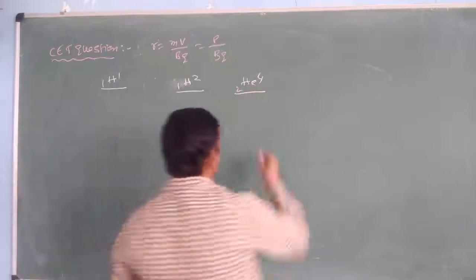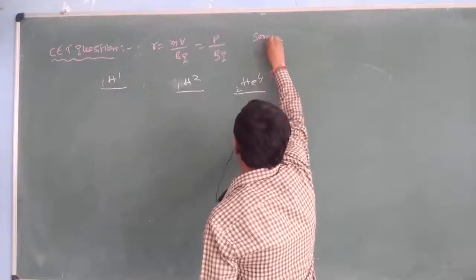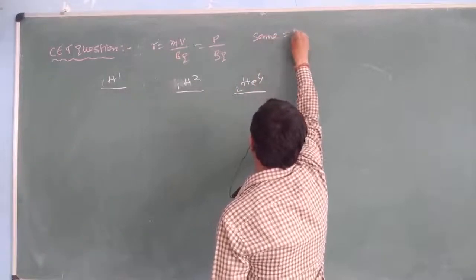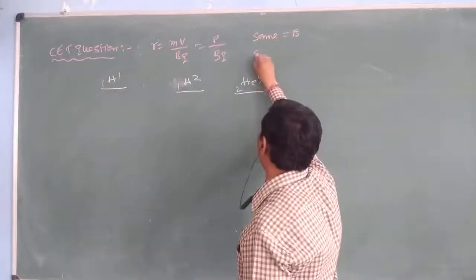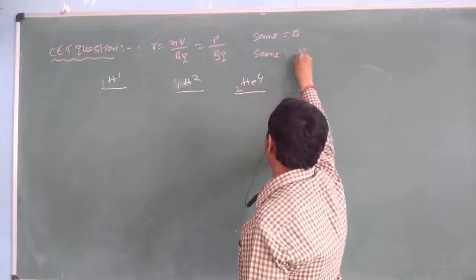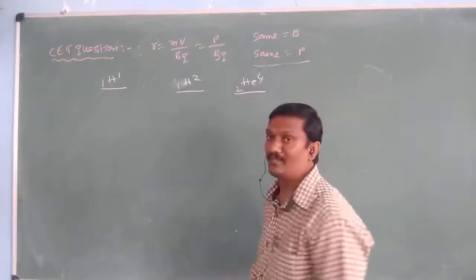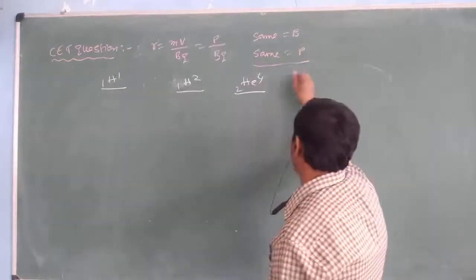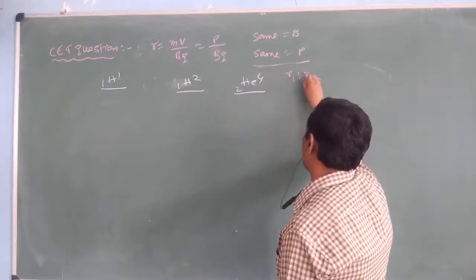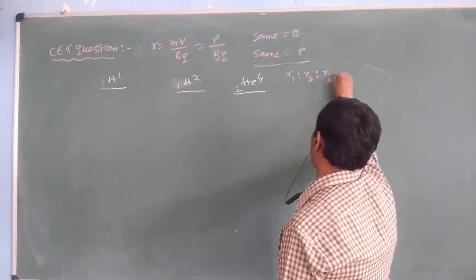They enter perpendicular to the same magnetic field with the same momentum. In this condition, only momentum is constant. In the previous case, kinetic energy was constant. In this case, what about the radius ratio R1 is to R2 is to R3?